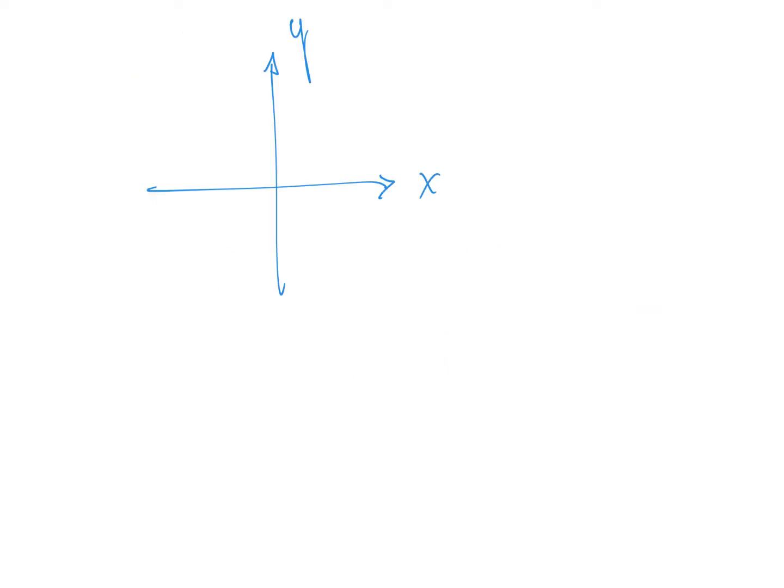Now, if an angle is drawn on the xy plane and the vertex of that angle is at the origin, and the initial side, the first side, is on the positive x-axis, then the angle is said to be in standard position. So that angle could be something like this. It could be something like this.